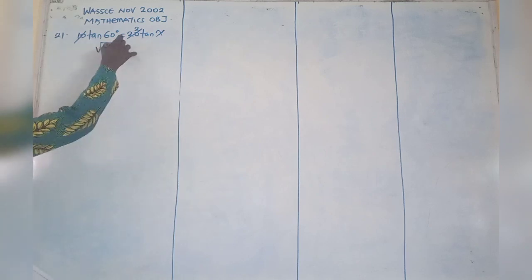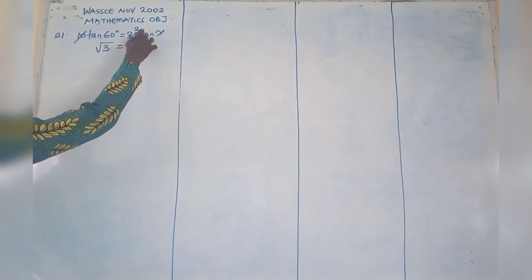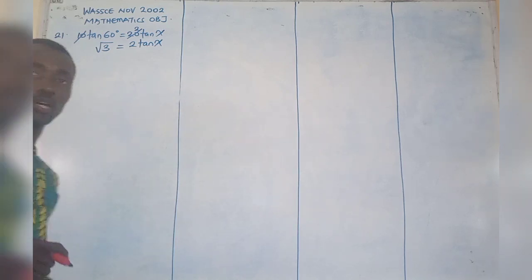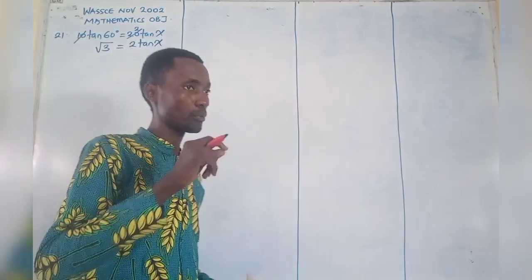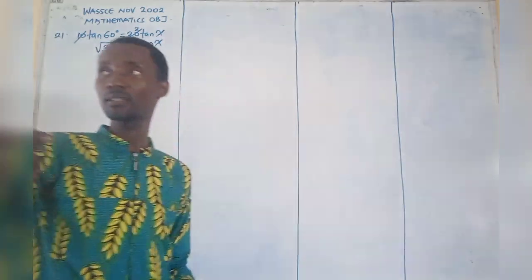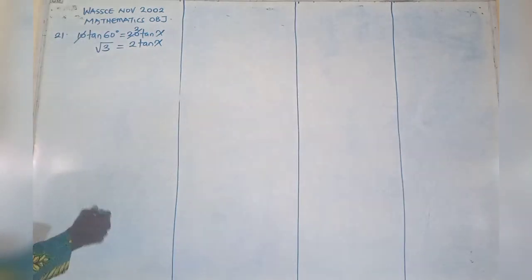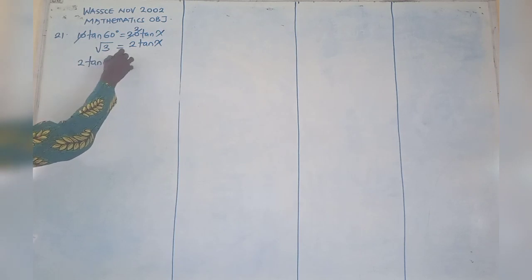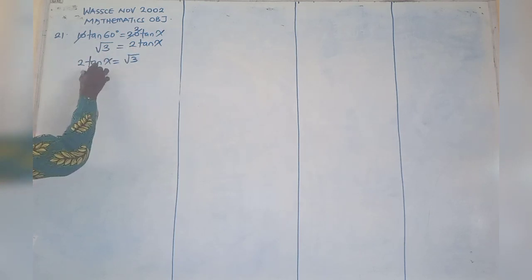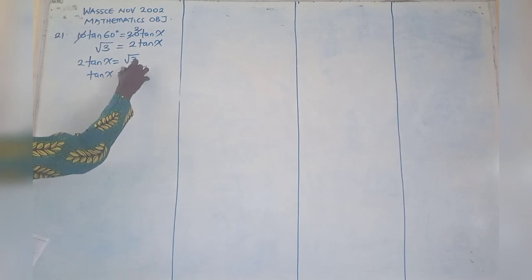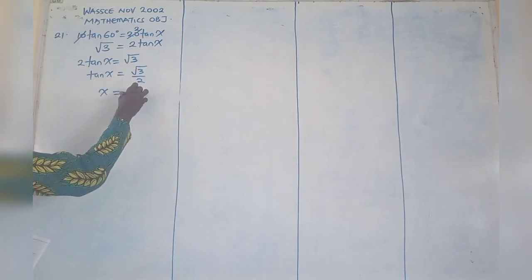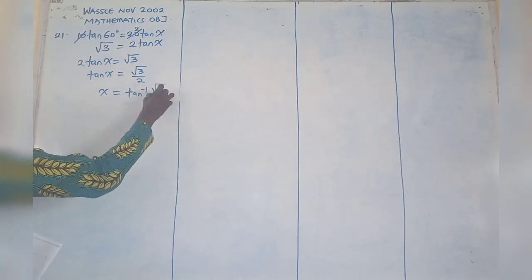So using my knowledge of special angles, I can tell that tan 60 is root 3, because tan 30 is actually 1 over root 3 or root 3 over 3. These are things you should be able to remember. So that means 2 tan x will be equal to root 3, and tan x will be equal to root 3 over 2, meaning that x will be equal to tan inverse root 3 over 2.